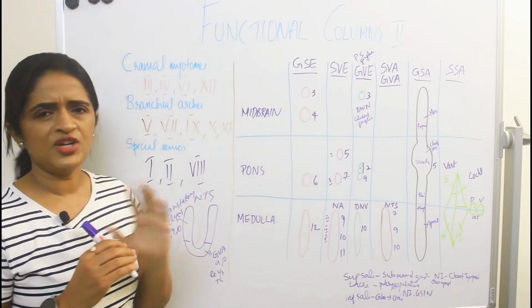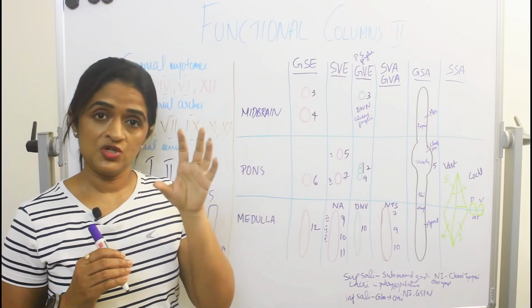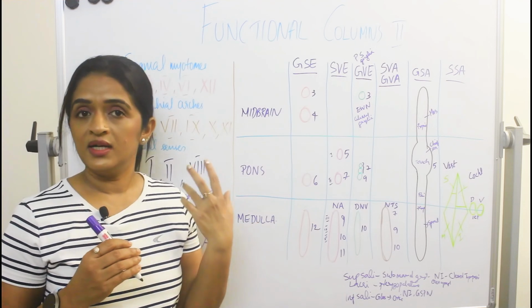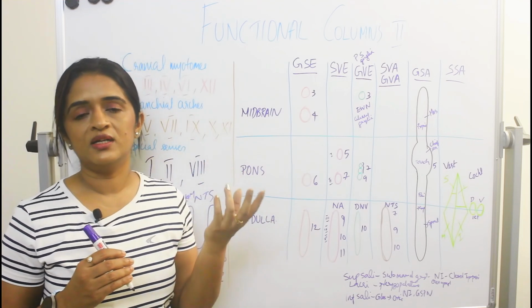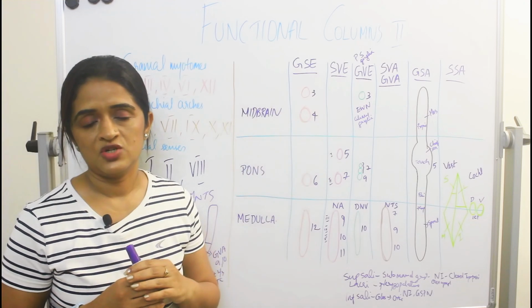Generally, if you remember the positioning of the cranial nerves in the brainstem, it will be easy for you to localize lesions, and it will help you to understand the nuclear organization.